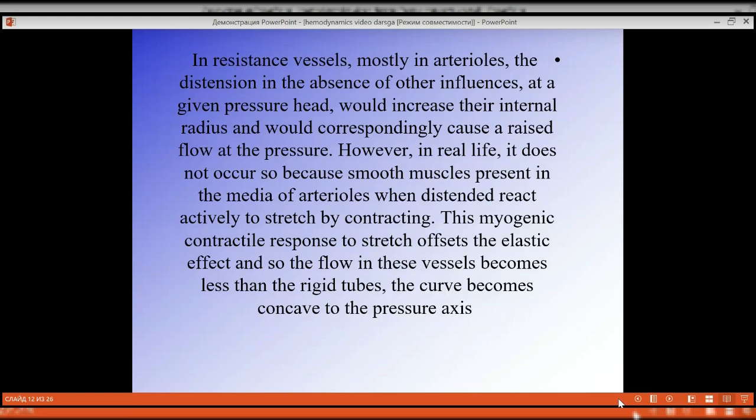However, in real life, it doesn't occur so, because smooth muscle present in the media of the arterioles, when distended, reacts actively to stretch by contracting. This myogenic contractile response to stretch offsets the elastic effects, and so the flow in these vessels becomes less than in a rigid tube. The curve becomes concave to the pressure axis.